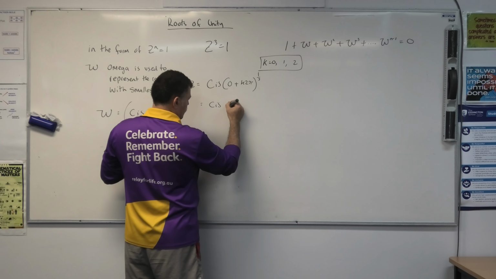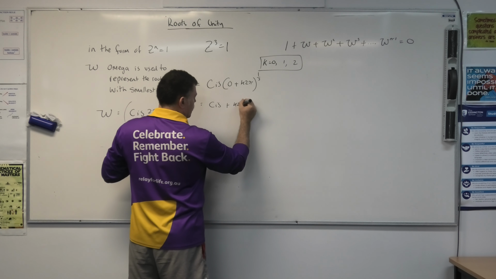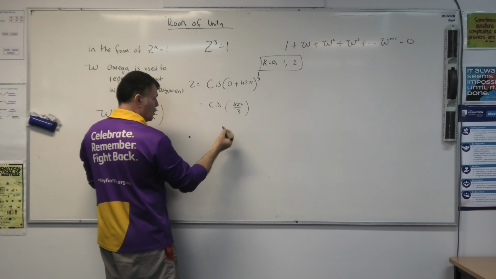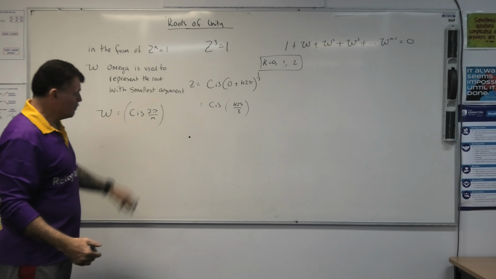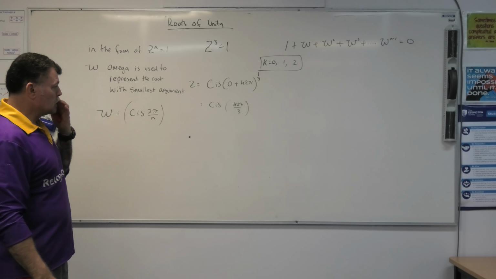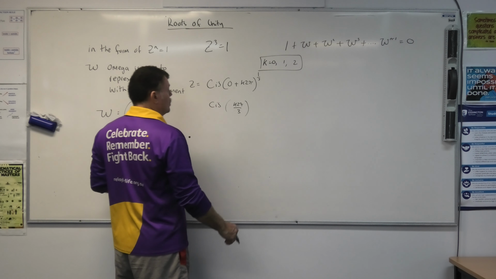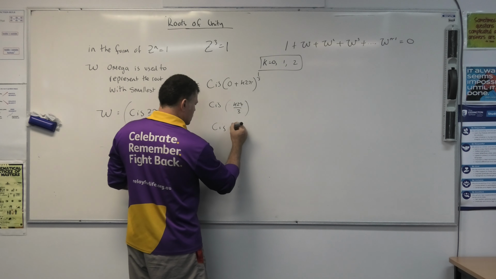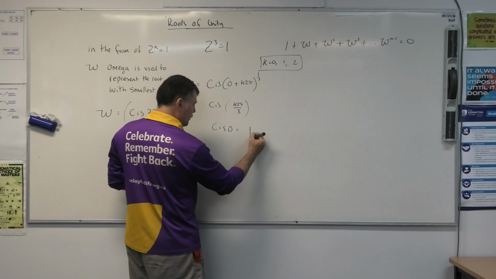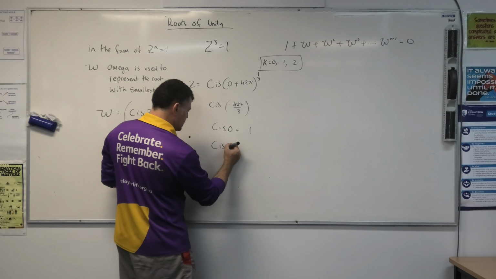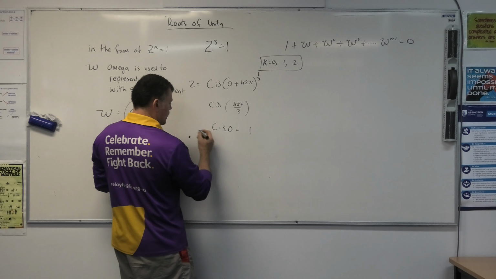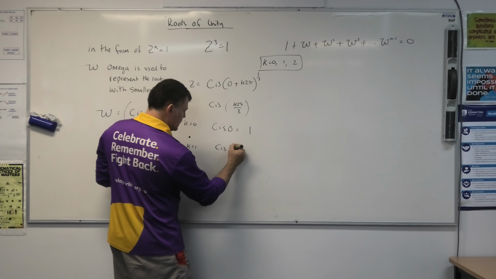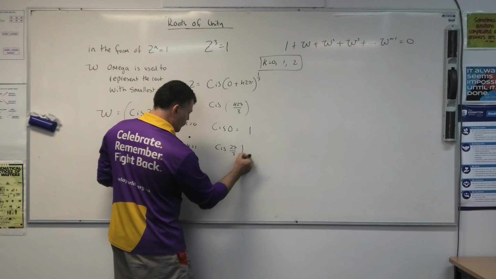Cis plus k 2 pi on 3, and that was what we would consider our smallest possible argument. So if we look at these type of calculations where k was equal to 0 and we had cis 0, we ended up with 1. When k was equal to 1, we had cis 2 pi on 3.